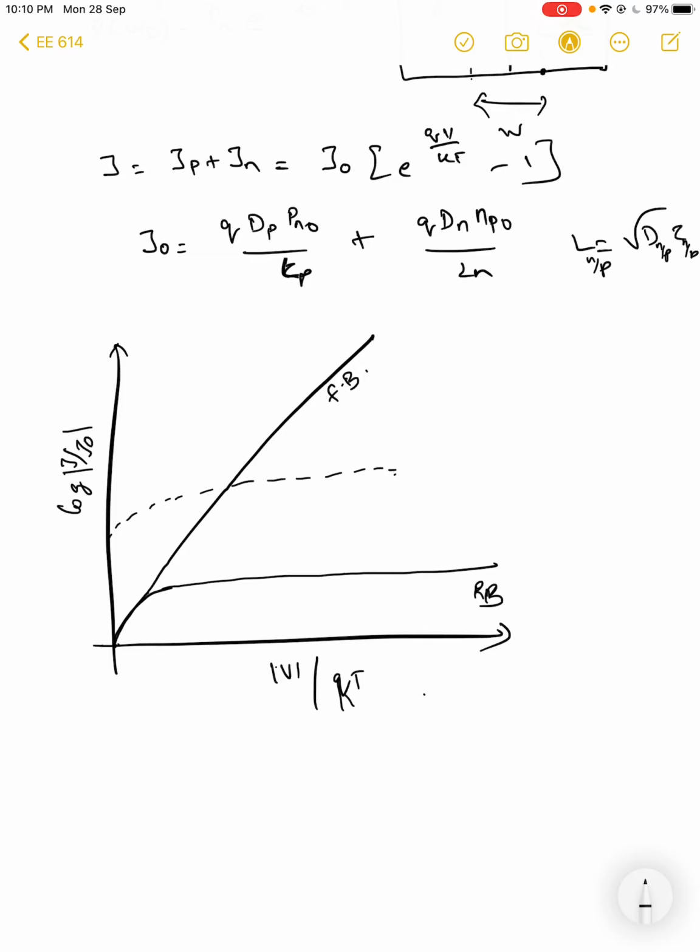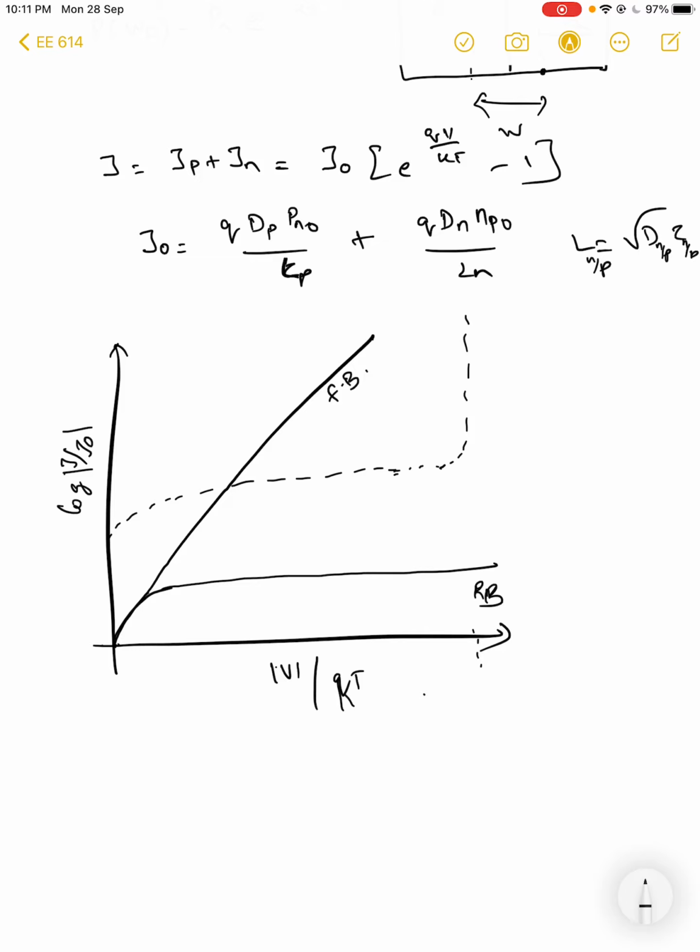It is flat, but the magnitude was always much larger than what was predicted. However, after a certain bias, there was a sudden increase in the current, which starts to grow exponentially at some bias voltage. We will see why these aspects come about.